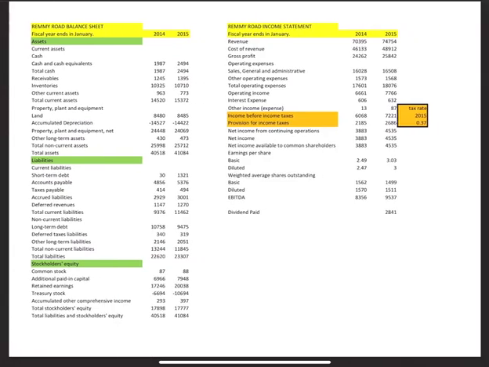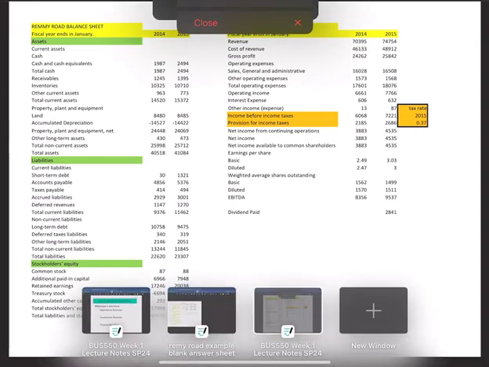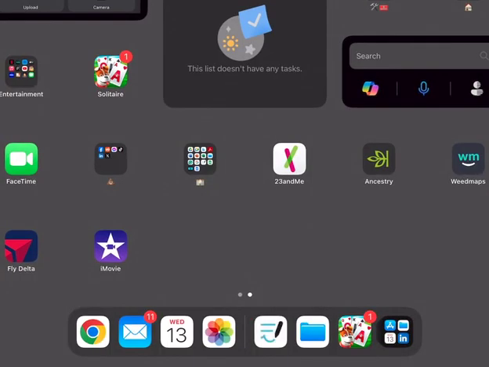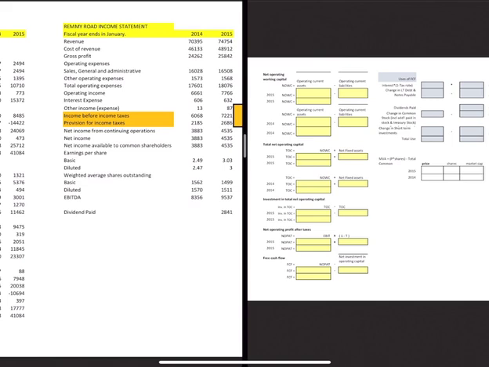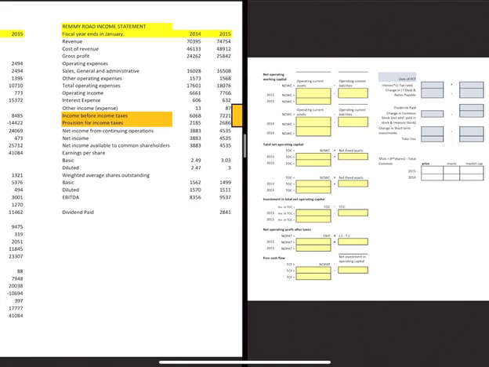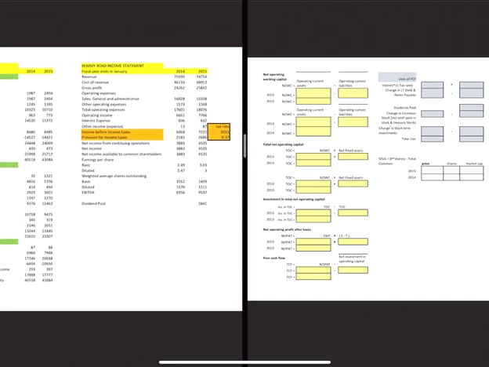So here is a balance sheet and an income statement from a company that we're calling Remy Road. For 2 years, we have 2014 and 2015. I'm just going to open up. Here we go. So, to the left is our balance sheet and our income statement.